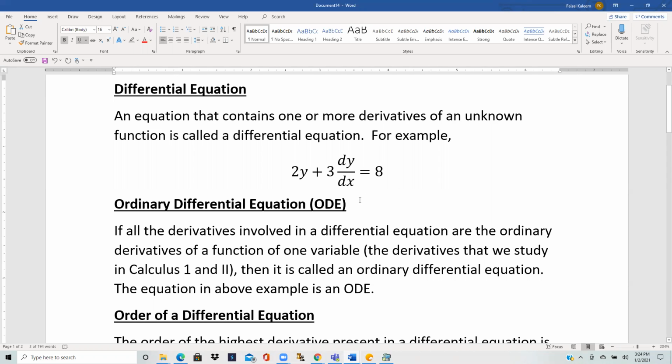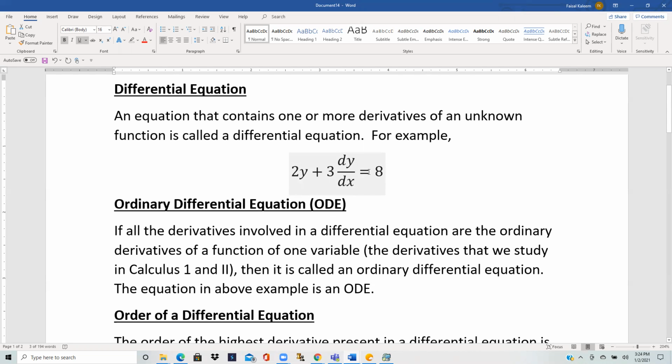So all the derivatives that you see there are derivatives of a function of one variable, because generally you'll have y as a function of x and you're taking the derivative of y. So if those are the only derivatives involved, then it's called an ordinary differential equation. For example, this one is an ordinary differential equation.